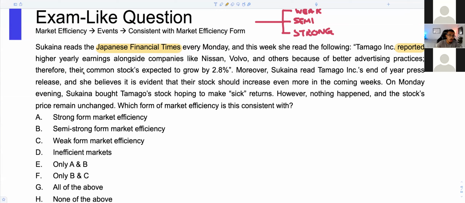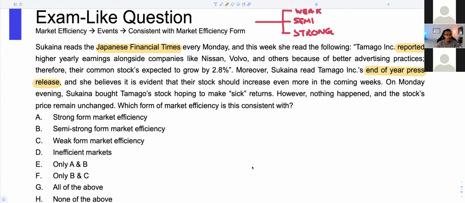Therefore, their common stock is expected to grow by 2.8%. Moreover, Sukena reads Tamago Inc.'s end-of-year press release, and she believes now that it is evident that their stock should increase even more in the coming weeks. So she read their press release. Interesting.